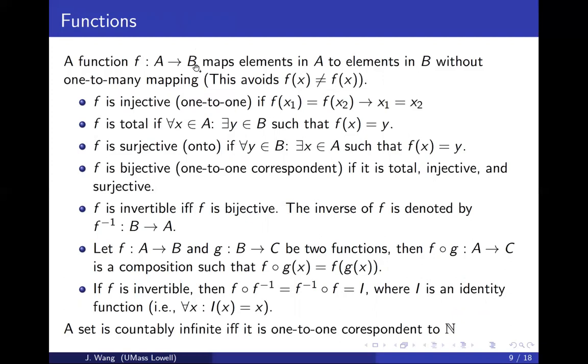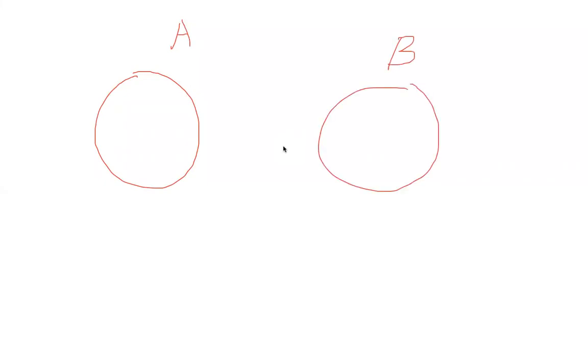So let's say this is a set A, and this is a set B. A function would be mapping an element. Let's say this is x1, and this is y1.